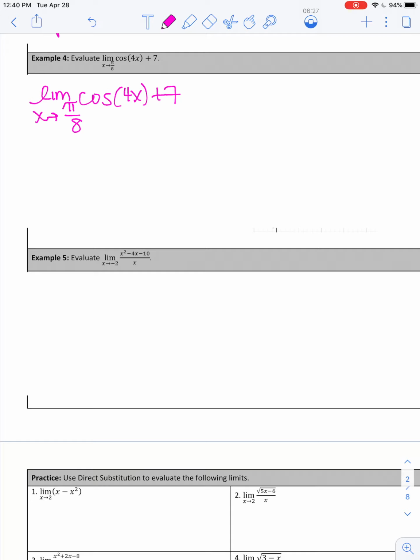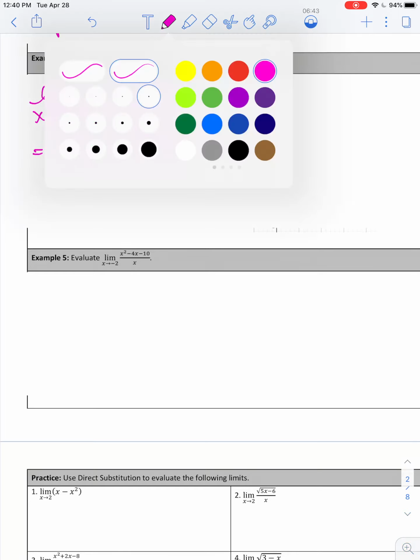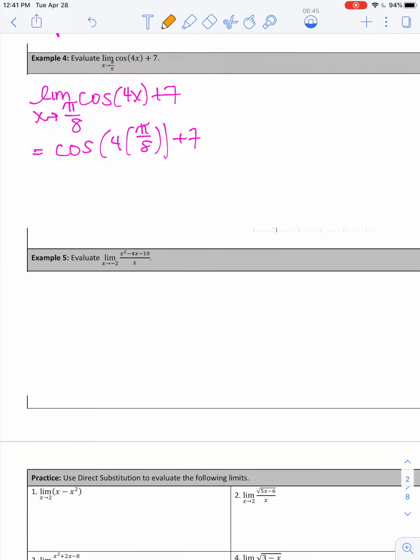We'll find that the limit can be found by computing cosine of 4 times pi over 8, plus 7. Hopefully you notice a quick cancellation here and see that this is really just asking you for cosine of pi over 2 plus 7.